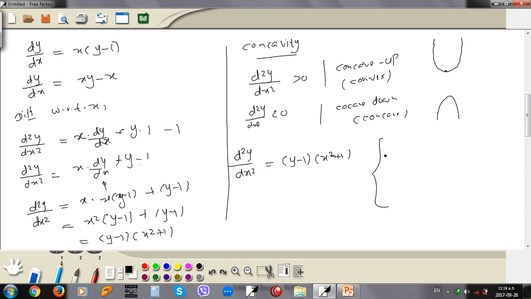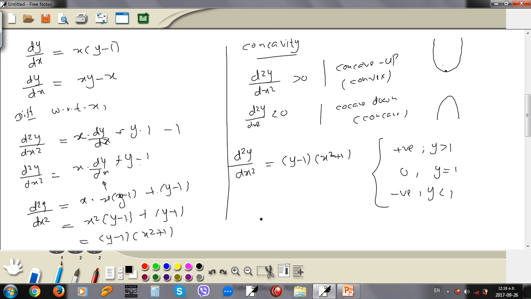It is positive when y is greater than 1, and negative when y is less than 1. When y equals 1, it becomes 0.